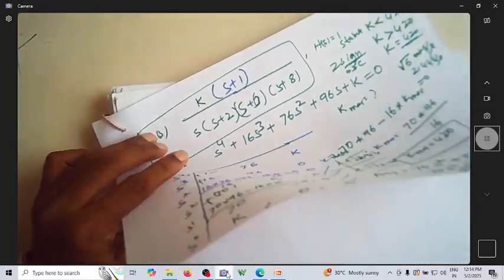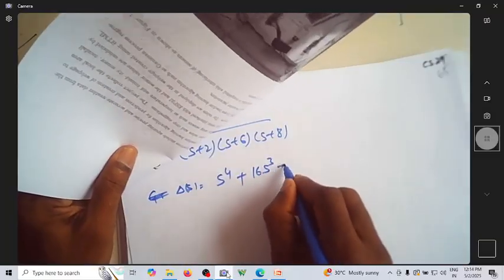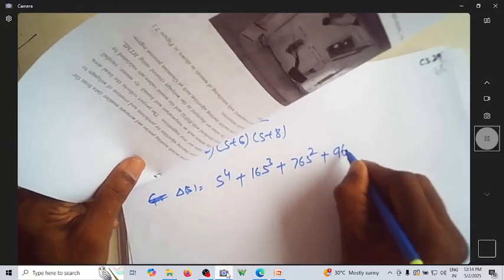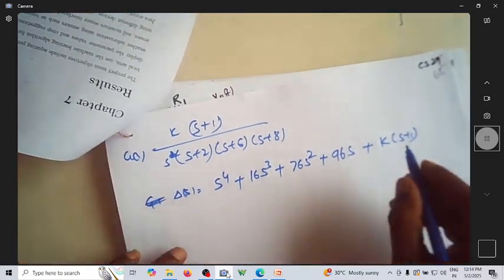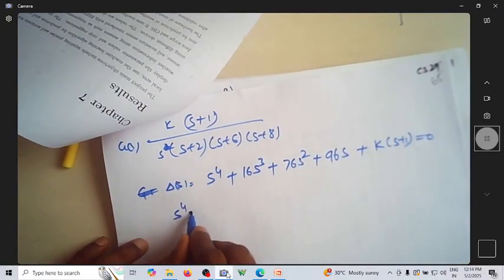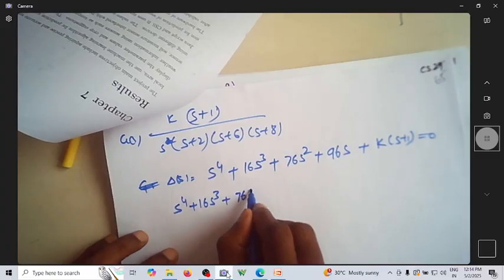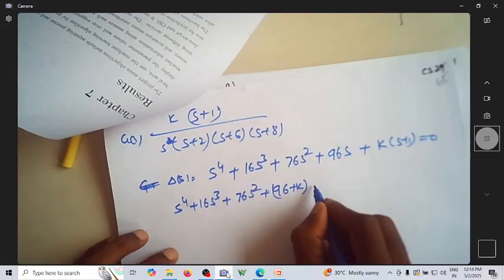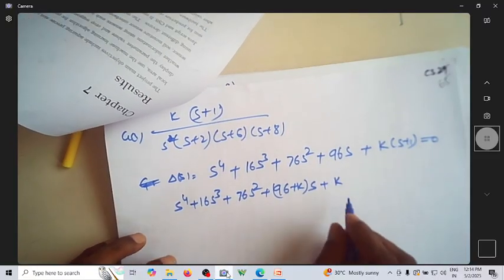So again, same thing. It is S power 4 plus 16 S cube plus 76 S square plus 96 S plus K into S plus 1 equal to 0. So I can write this as S power 4 plus 16 S cube plus 76 S square plus 96 plus K S plus K. Correct?